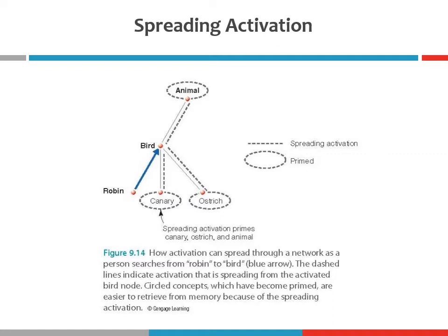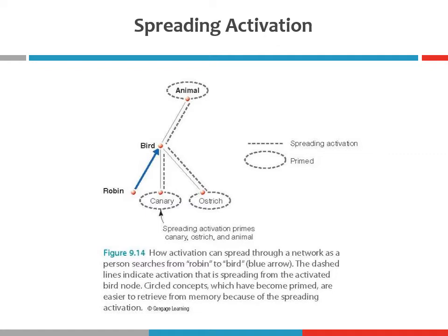As a person searches from robin to bird, those nodes get activated, but that activation is going to spread to other nodes in the bird category, okay? So another property of the theory, which leads to further predictions, is this idea of spreading activation.